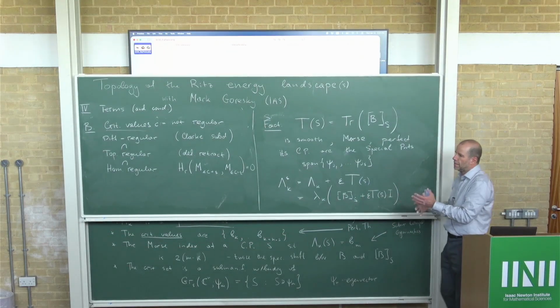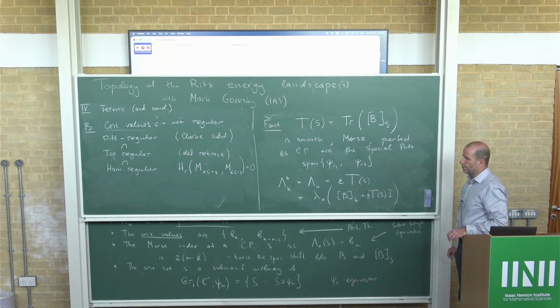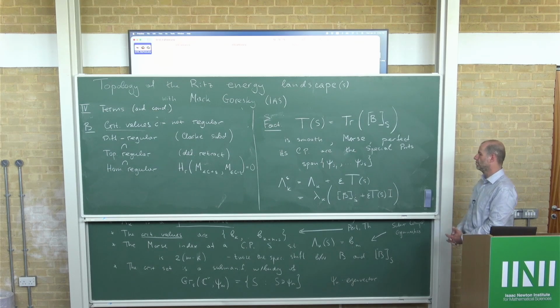In numerical analysis, the spirit of backward error analysis is that what you compute is not the exact object you're computing, but it is in fact the exact object corresponding to a slightly perturbed problem, right? So you're not computing lambda k of B restricted to S, you're computing lambda k of a perturbed B.